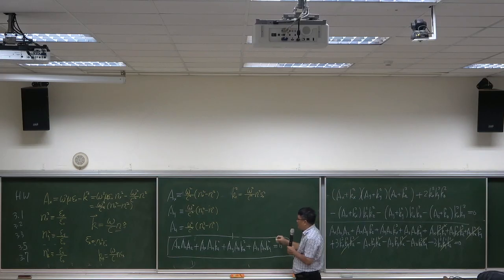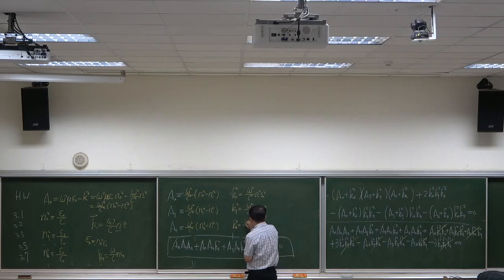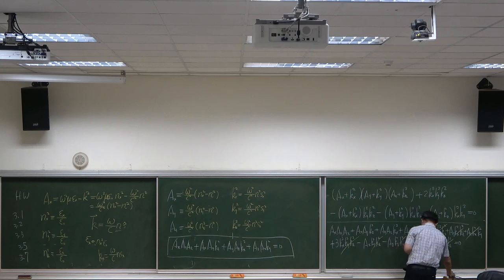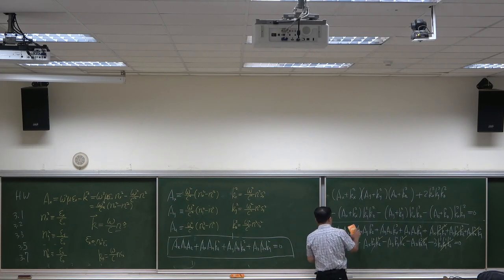And ky squared is omega squared over c squared n squared sy squared, and kz squared is omega squared over c squared times n squared times sz squared. So finally, we have this.